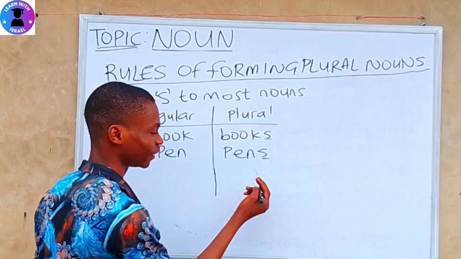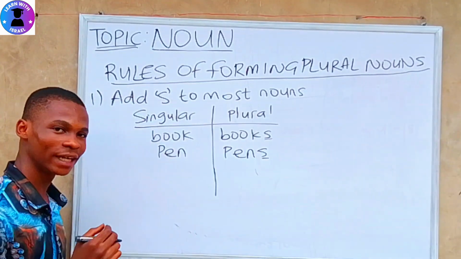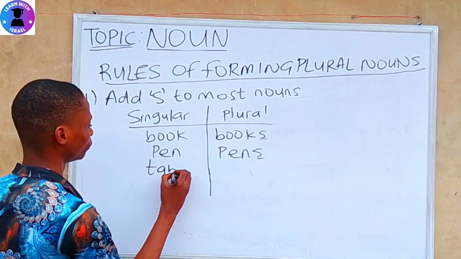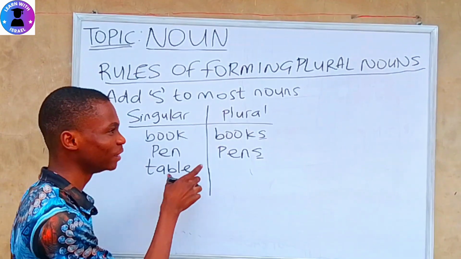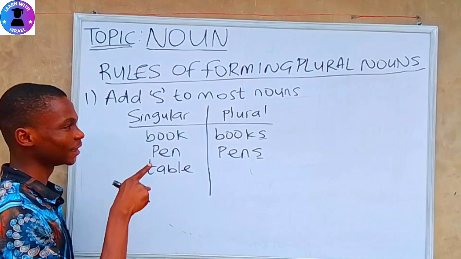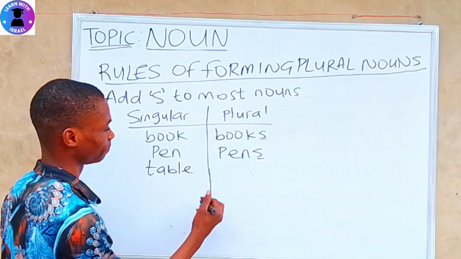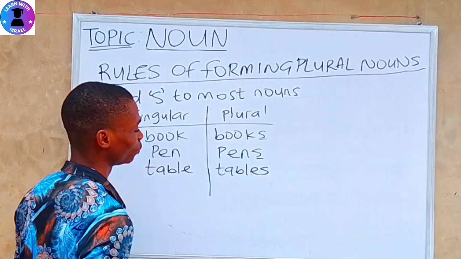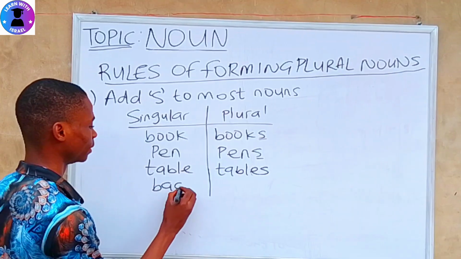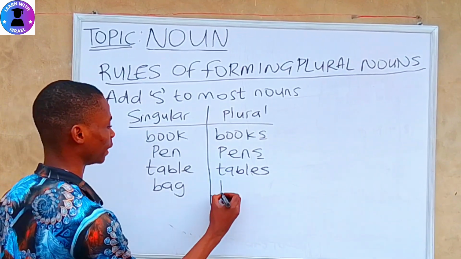As you can see, adding of s. For singular, table, and this table I'm writing here means one. But anything more than one is plural, which includes adding of s: tables. We have bag, and we also have bags.